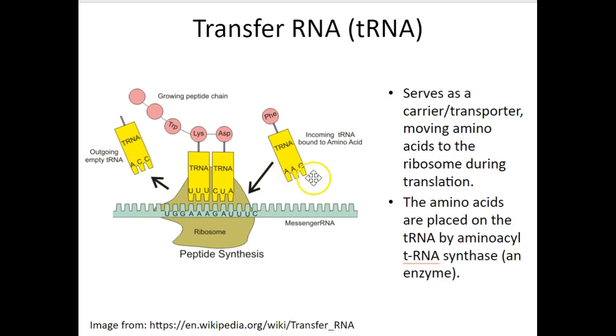For now, I want you to be aware that transfer RNA is a category of what is called functional RNA. It has a function in the cell, which is to carry or transport amino acids into the ribosomes during translation. New amino acids get put back onto the tRNA molecules by an enzyme that exists in cells called aminoacyl tRNA synthetase.